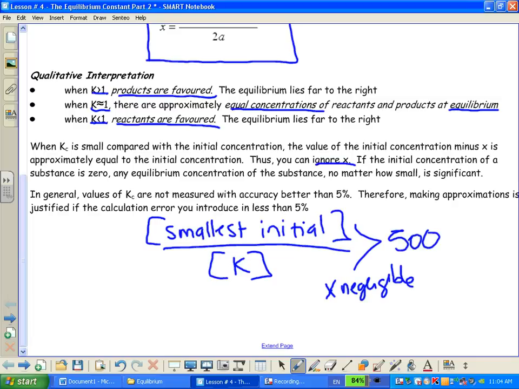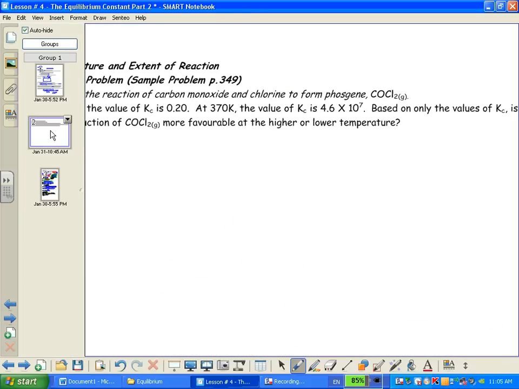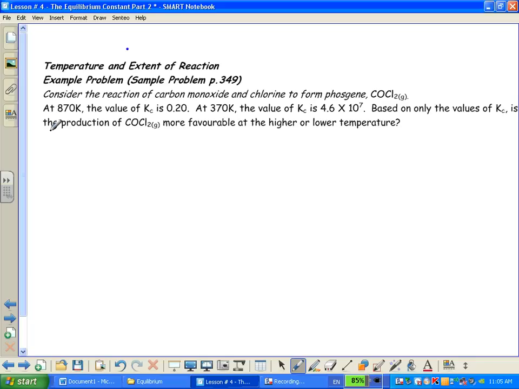Okay, so let's do the last part of the question on the other side. This is from page 349 in your textbook. Consider the reaction of carbon monoxide and chlorine to form COCl2. At 870 Kelvin, the value of Kc is 0.20, and at 370 Kelvin, the value is 4.6 times 10 to the 7.